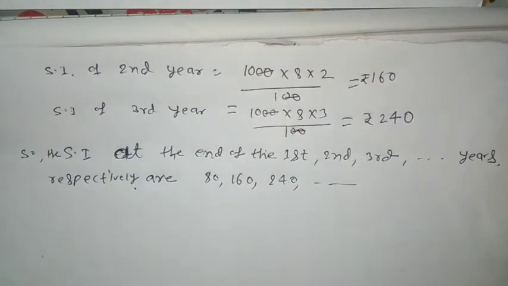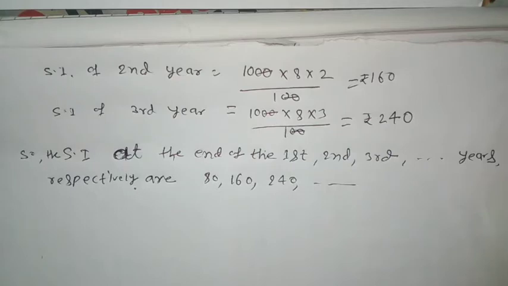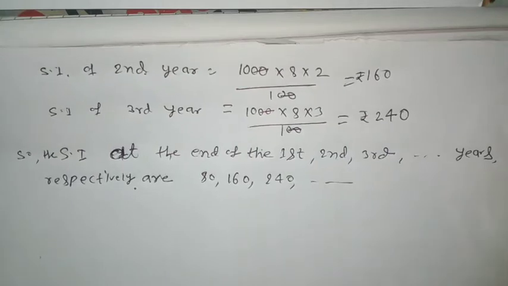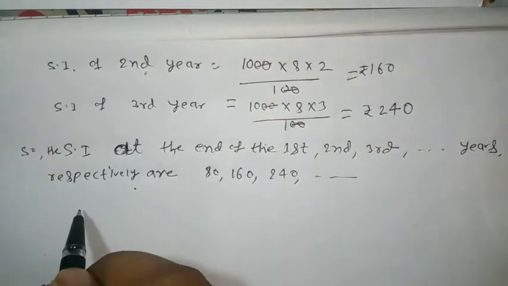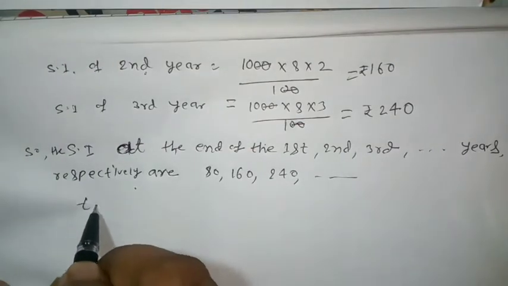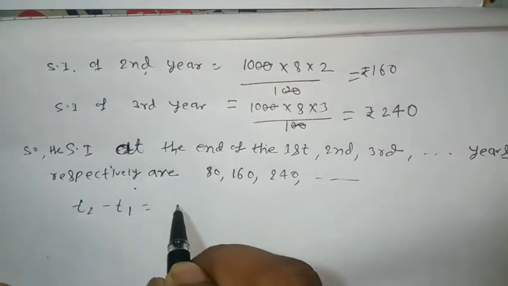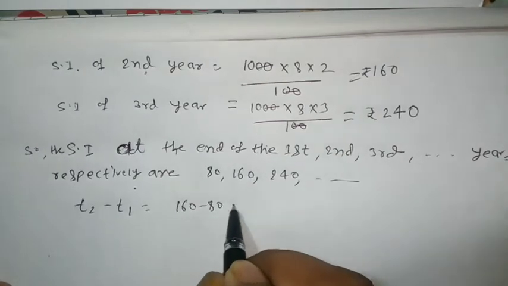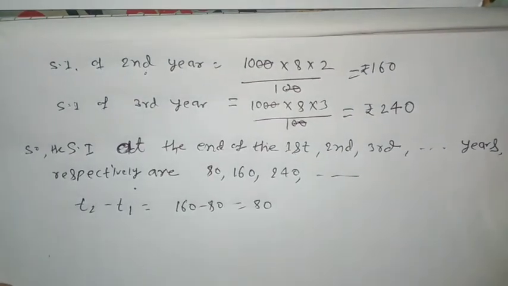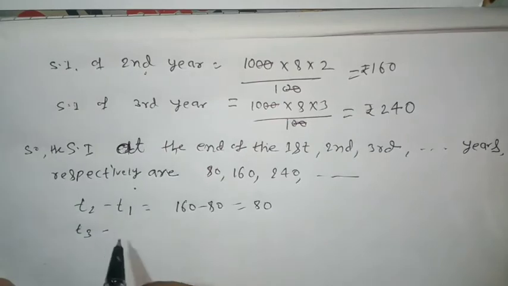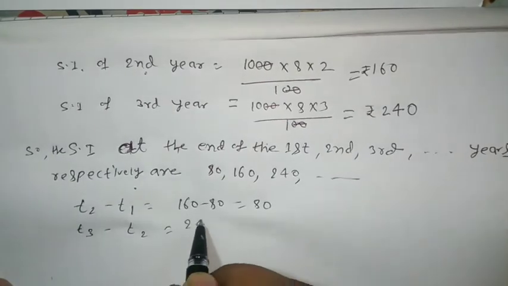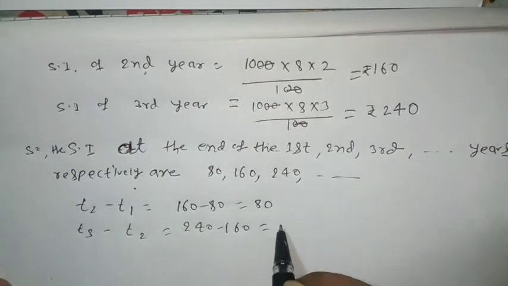Now first we check whether this interest forms an AP or not. Okay, now the second term minus first term, 160 minus 80 is equal to 80. Third term minus second term, 240 minus 160 is equal to 80.